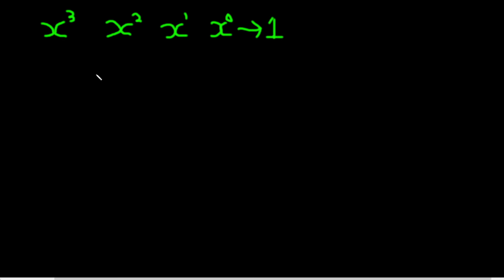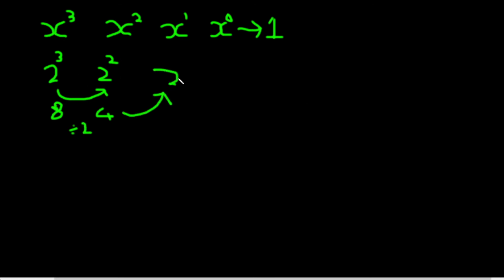The reason why is because if you have 2 cubed and then 2 squared, so 8 and 4, what you're doing between them is dividing by 2. So each time you go along, you divide by 2.